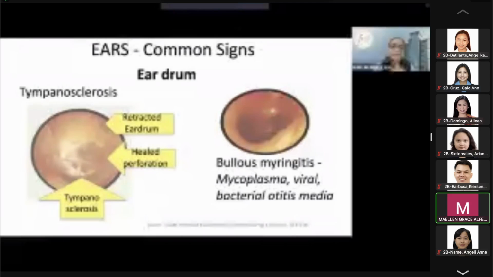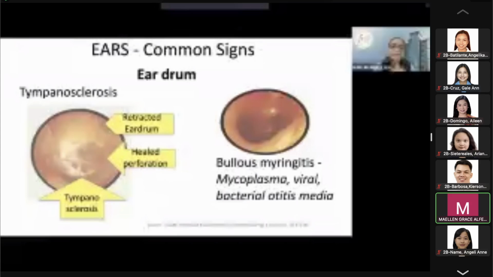How about testing for auditory acuity? So the hearing. You can do a bedside or clinic test for hearing loss. What you can do is a whispered voice test wherein you whisper several numbers or letters, at least 6, to the patient, one ear at a time.